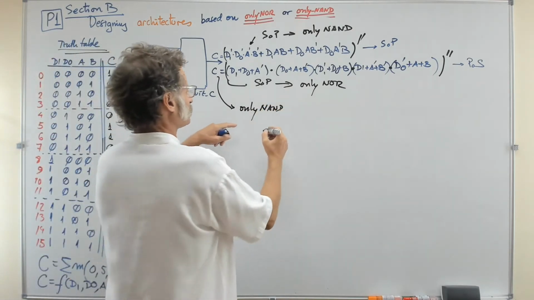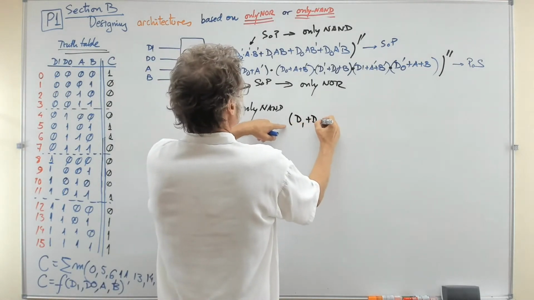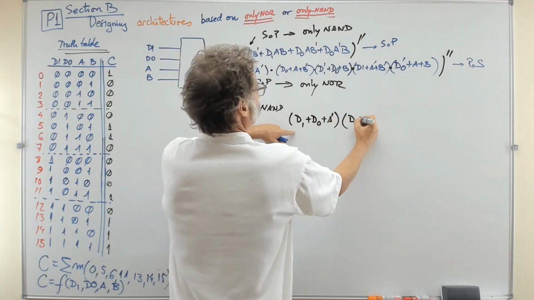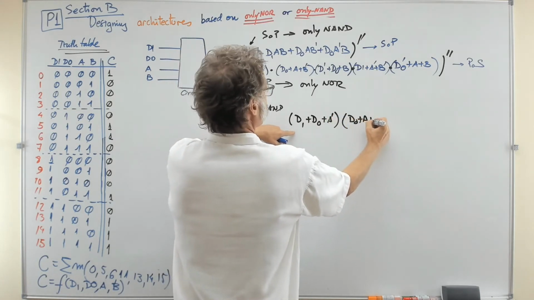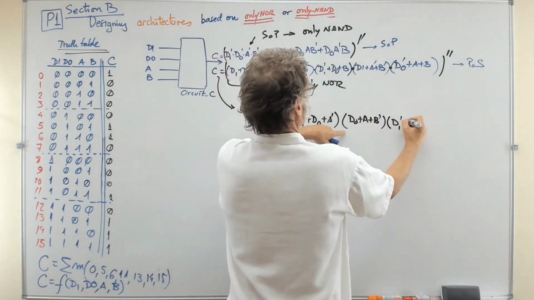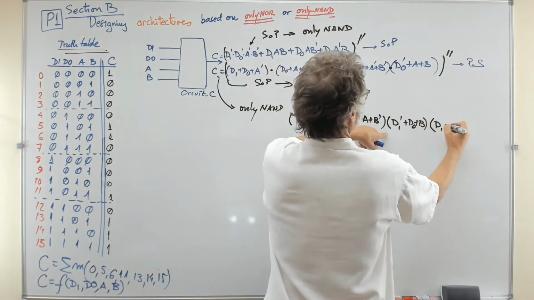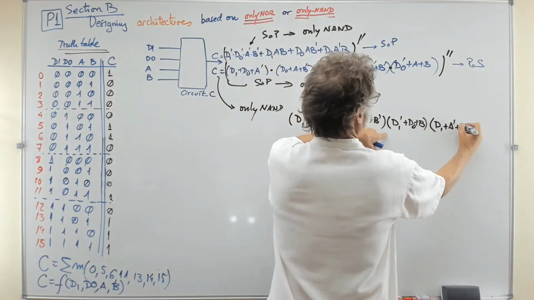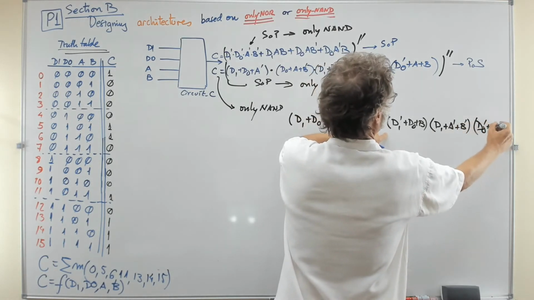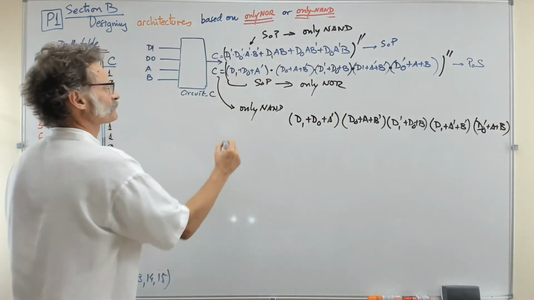Well, the equation looks like this, you see: D1 or D0 or A naught, then D0 or A or B naught. Then the third term is D1 naught or D0 or B. The fourth, D1 or A naught or B naught. And the last one, D0 naught or A or B. That's the equation, okay?